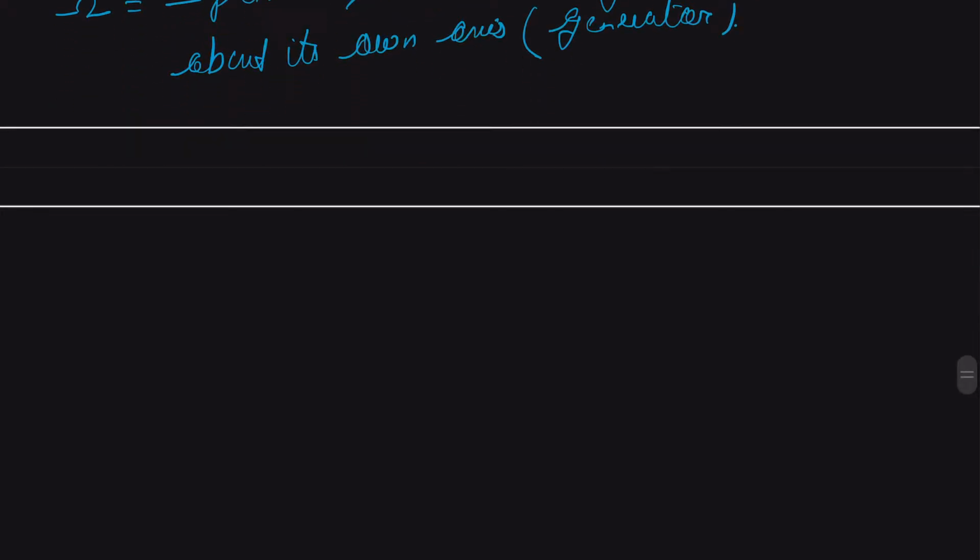And I is the moment of inertia of the ring about its symmetric axis. So moment of inertia of ring about symmetric axis.